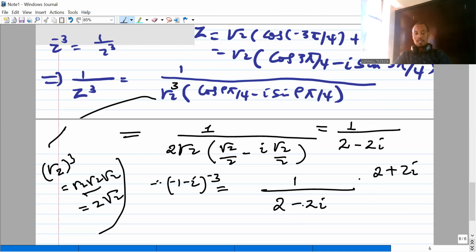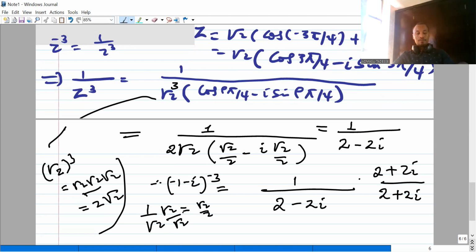In the process we are rationalizing the denominator. The denominator root 2 is irrational, so to make this denominator rational we have to multiply the numerator and denominator by root 2, which gives root 2 over 2.